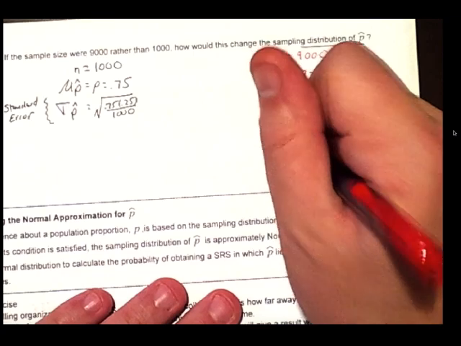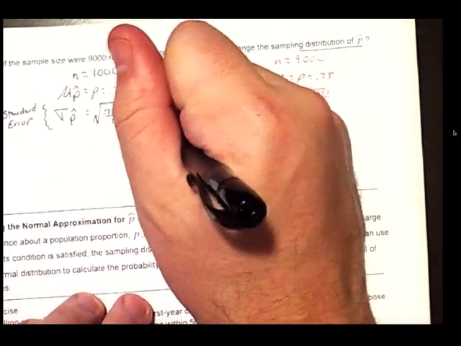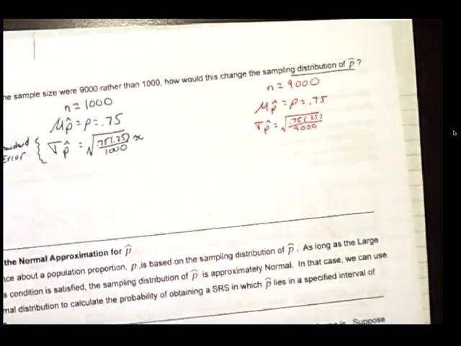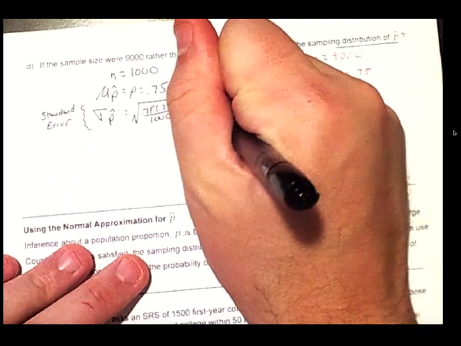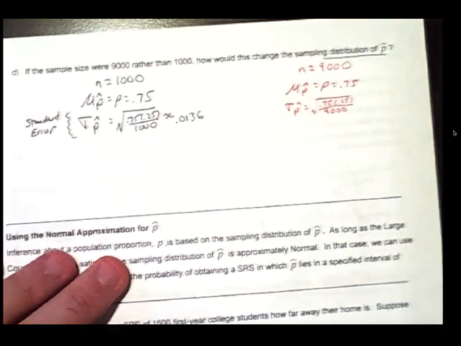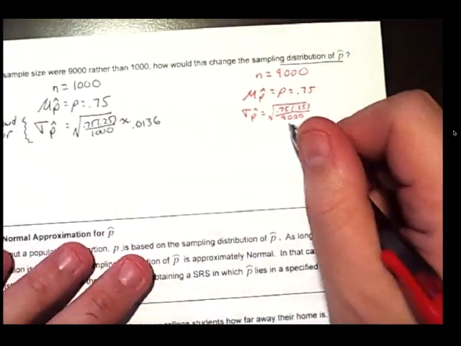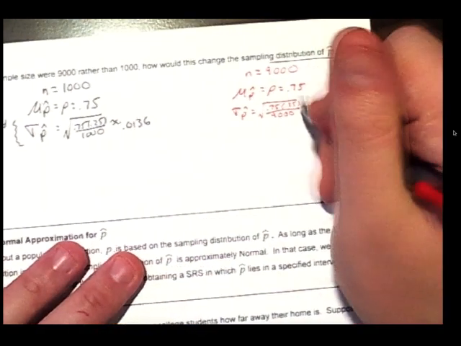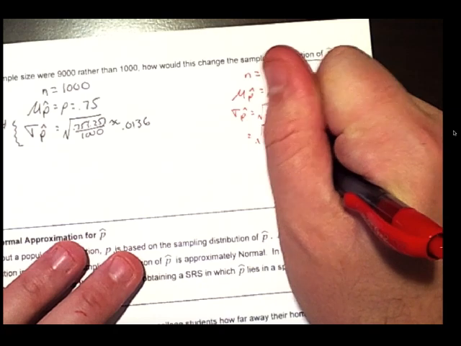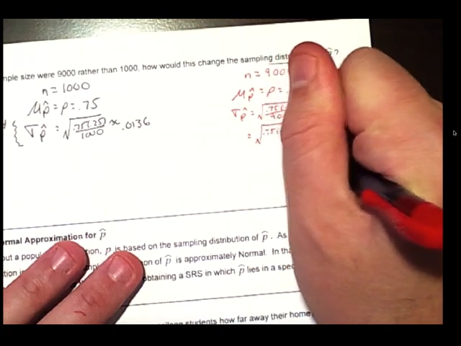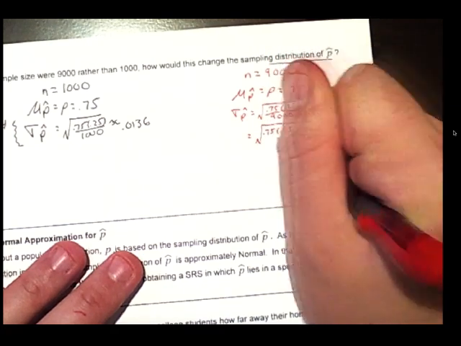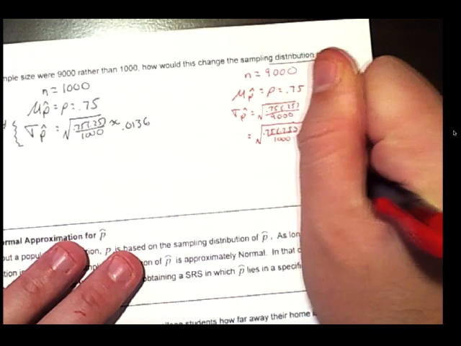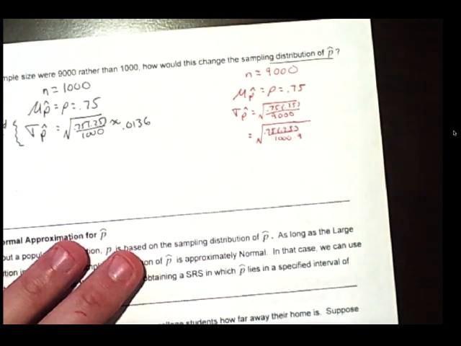We said that before this equaled 0.0136, a rough estimate. Let's not put this into our calculator; let's just think about this, and I'll explain why there's an easier way. Hopefully you agree that 9,000 is the same thing as 1,000 times 9.